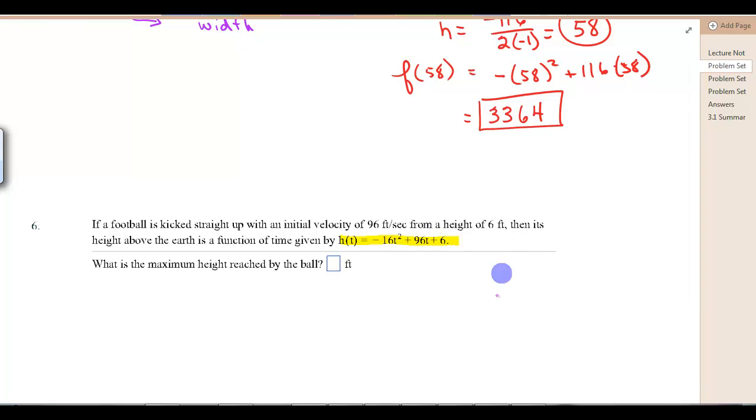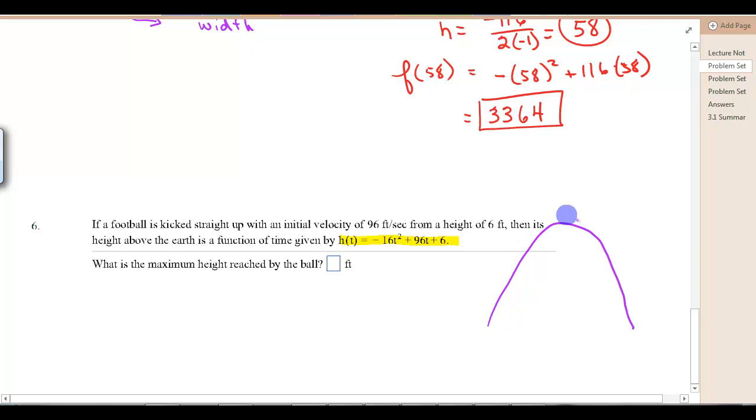If you kick a ball up in the air, it's going to make this kind of arc. And across this way is not width in this case, it is time. And this is the height. So at one time, the height is here. Another time, it's here. At some point, it is at its highest part.